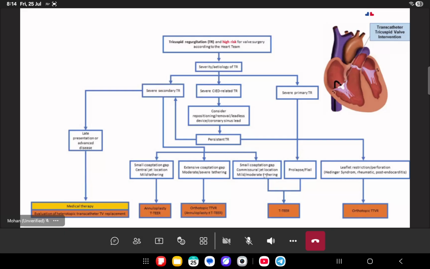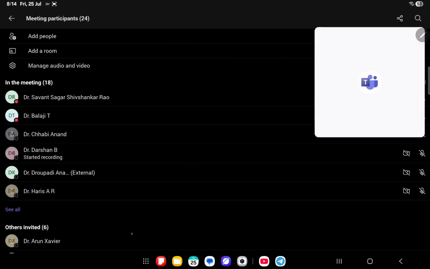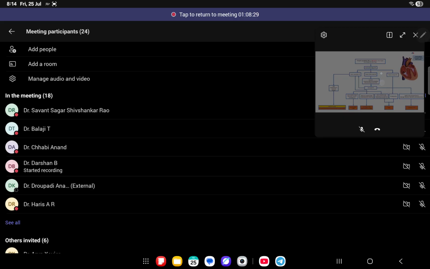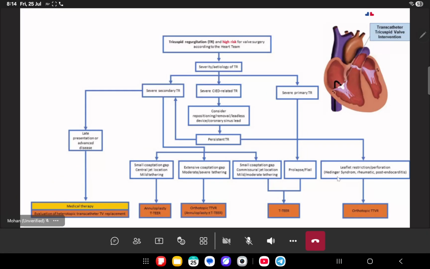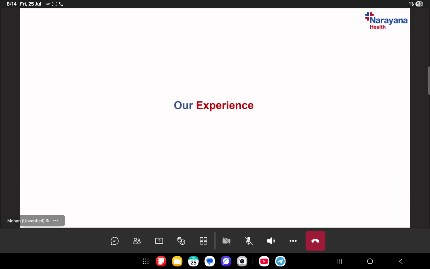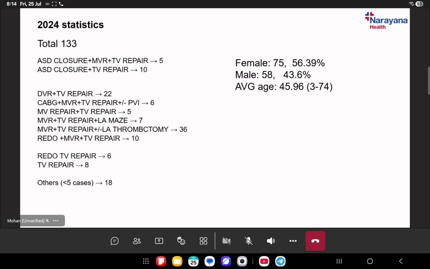A small coaptation gap, commissural jet location, mild to moderate tethering, prolapse or flail will go towards TEER. Leaflet restriction or perforation will go towards orthotopic tricuspid valve replacement.